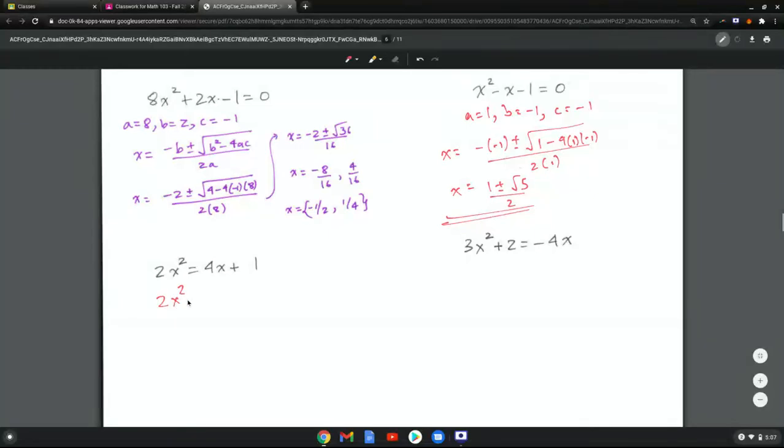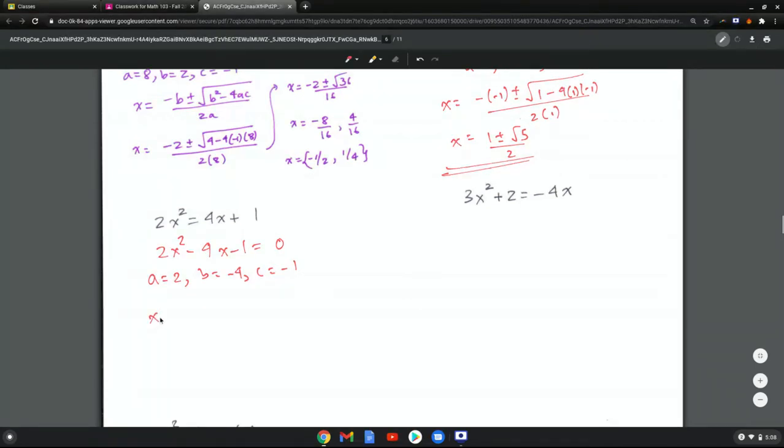Here, before you apply the quadratic formula, you move everything to one side so it's equal to 0. a is 2, b is negative 4, c is negative 1. So x is negative negative 4 plus minus the square root of negative 4 squared, which is 16, minus 4 times 2 times negative 1, divided by 2 times 2.